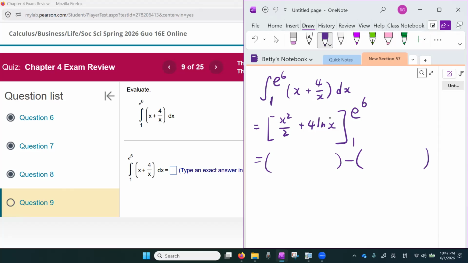In the first parentheses, we plug in e to the power 6. e to the power 6 squared over 2 plus 4 times ln of e to the power 6. And plug in 1, we have 1 squared over 2 plus 4 ln 1. Simplify: e to the power 6 and then to the power 2, that gives e to the power 12.